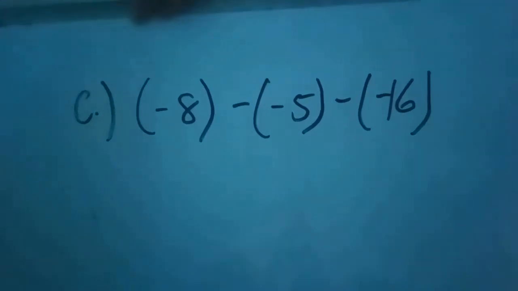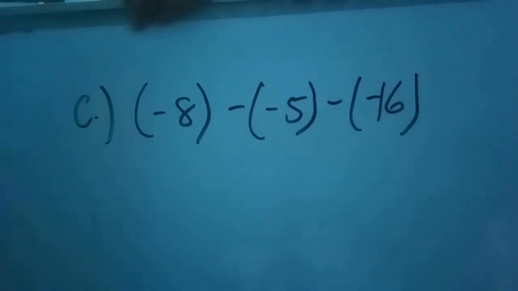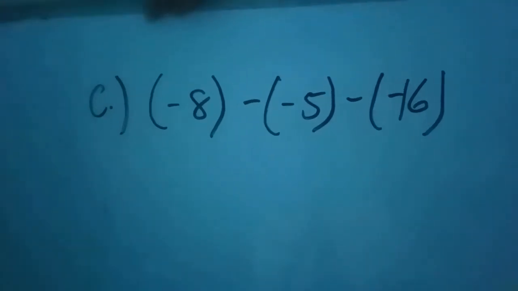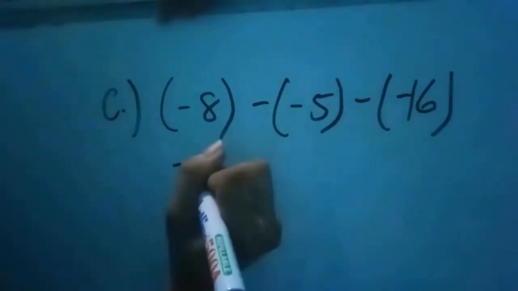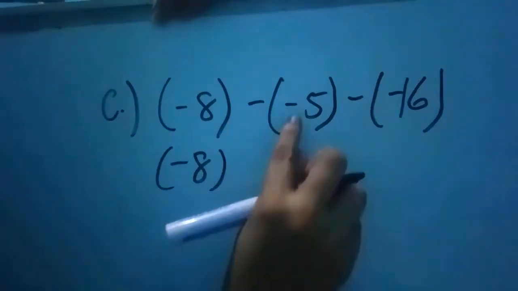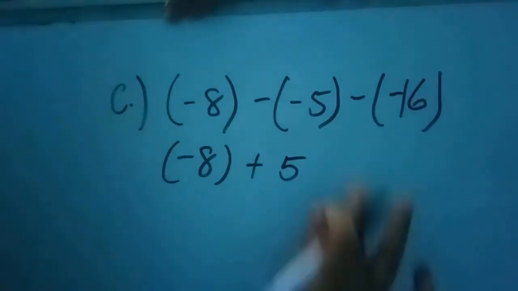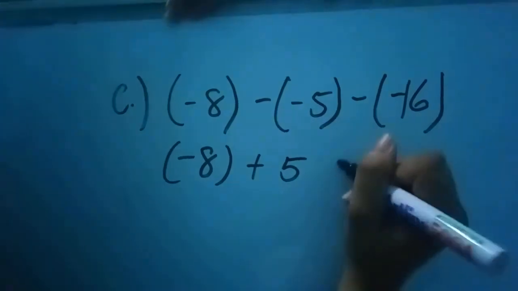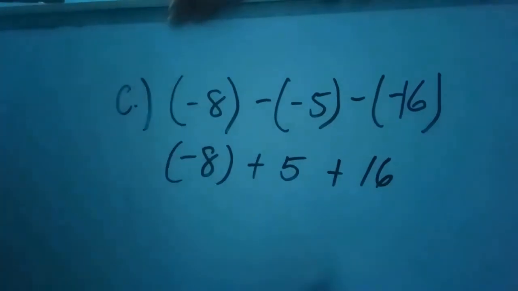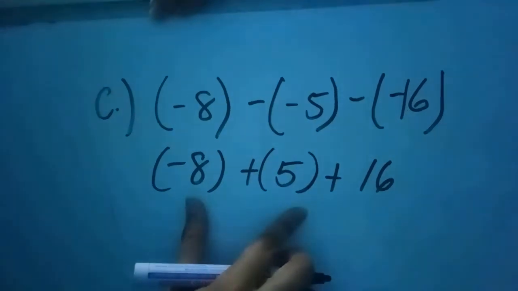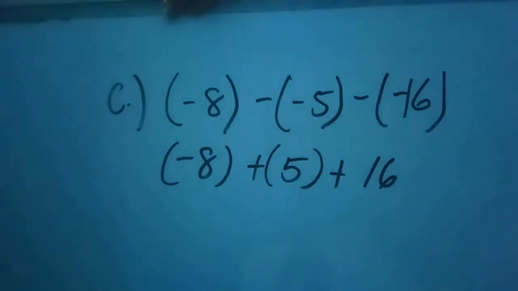Another example, we have negative 8 minus negative 5 minus negative 16. So let us change the sign. Negative 8, negative times negative becomes positive, so positive 5. Negative times negative is also positive 16. So we have negative 8 plus positive 5, unlike sign, so we're going to subtract.